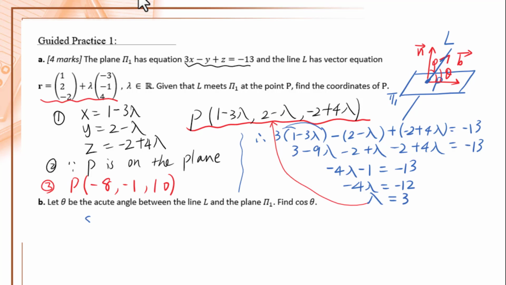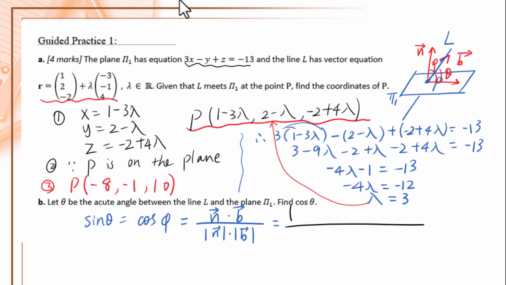We do know sine theta equals cosine phi equals n dot b over the length of n times the length of b. Normal vector (3, negative 1, 1) dot vector b, which is the direction vector here, (negative 3, negative 1, 4).